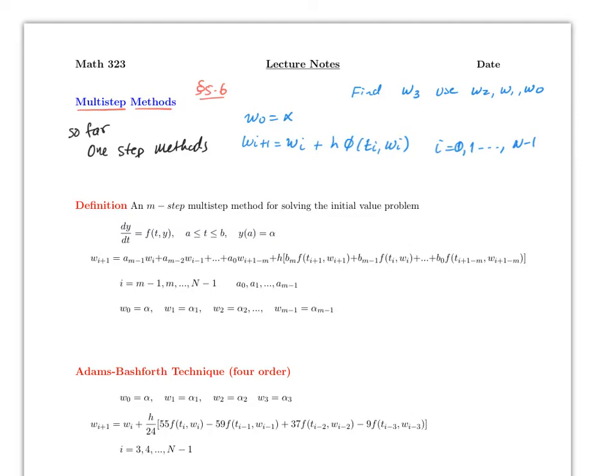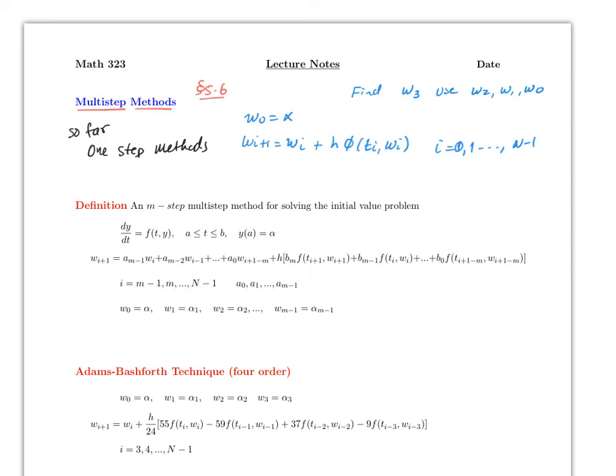So here is the official definition. An m-step multi-step method for solving the same initial value problem that we've been solving all along is the following. So notice that w_{i+1} depends on w_i, w_{i-1}, and so forth, up to m steps.